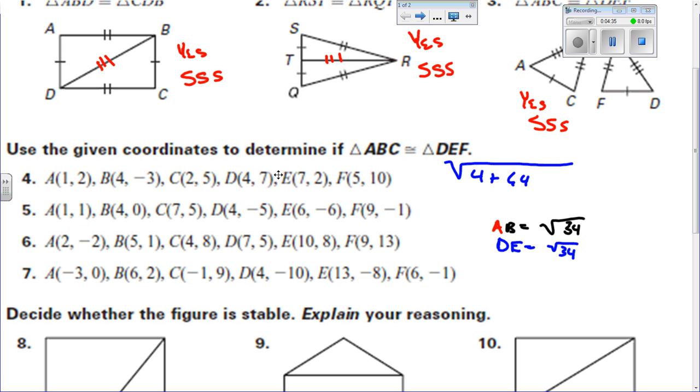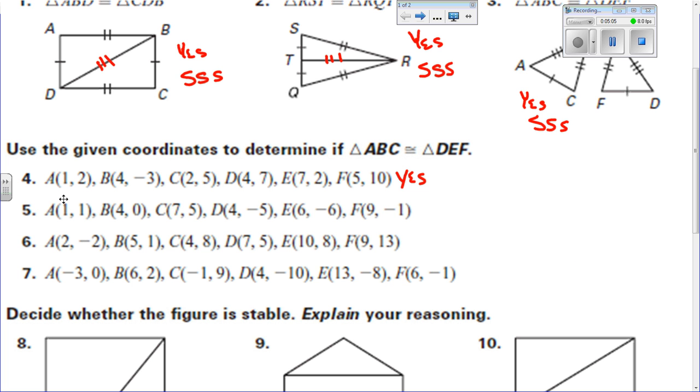And 7 minus 10 is negative 3. So negative 1 squared is 1. Plus 3 squared is 9. So 1 plus 9 is 10. So you get the square root of 10. So basically, all that tells us is that number 4 is yes.